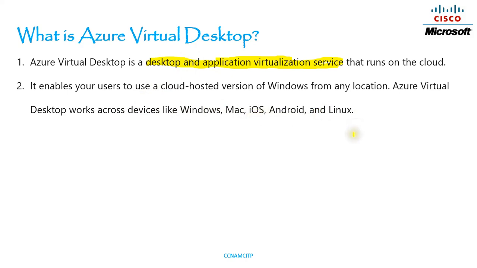So it is not limited to a particular device or platform. It has service for all the devices and platforms. Let's see, for example, Windows. Yes, if you are a Windows user, you will be able to work easily. If you are a Mac user, you can have all the services which are required to run Mac operating system or devices.